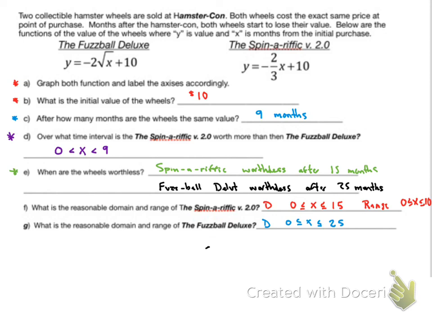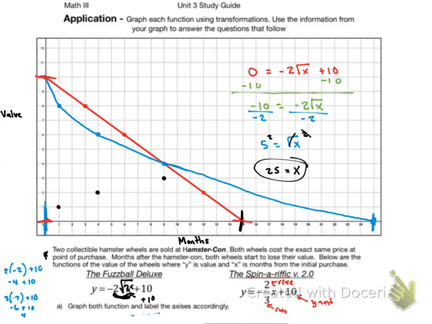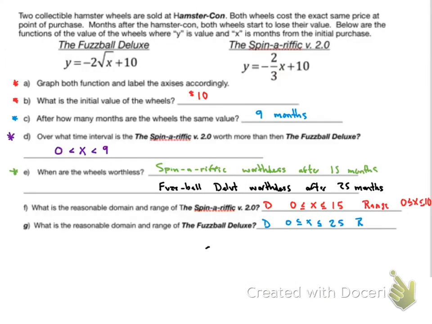And then I did that in blue. So the range for fuzzball, if we go back, is also from 0. The lowest point is 0, and the highest point is 10. So the range is 0 to 10 as well.